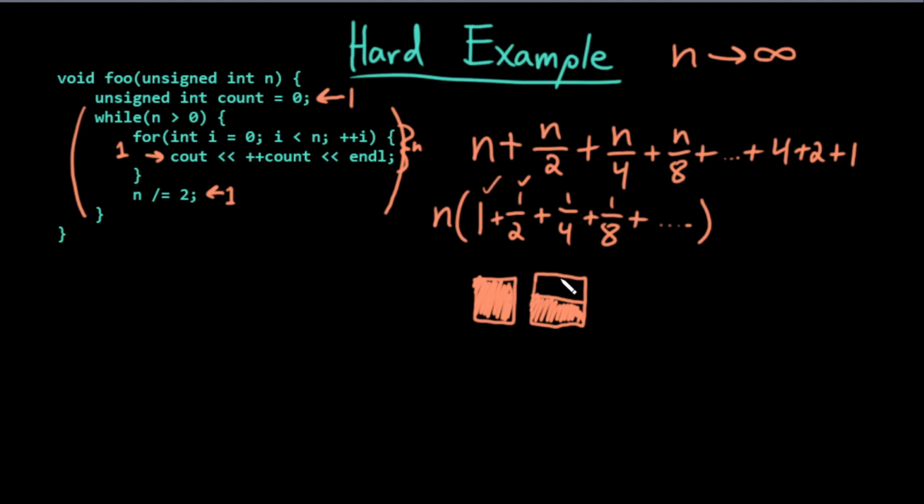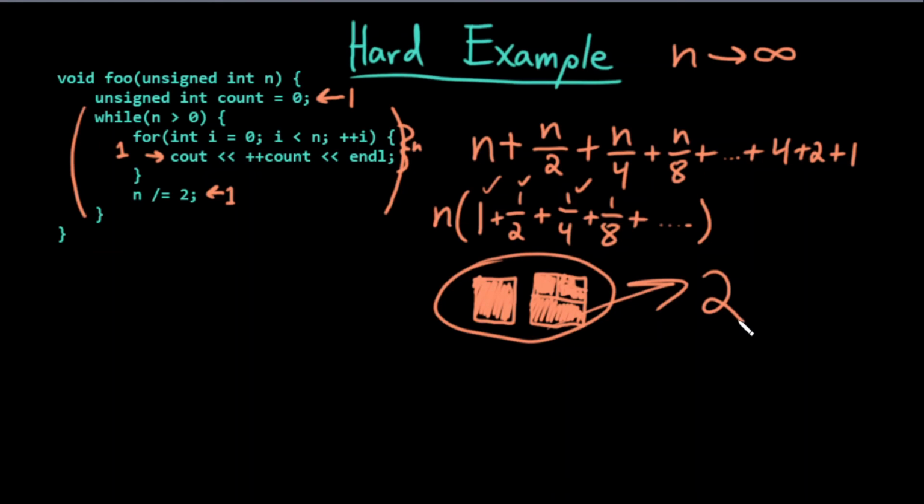Let's say now with the 1/4, I have a quarter of the box that I'm filling. Now I'm filling an eighth of the box. Next, a 16th, a 32nd, so on and so forth. This whole sum, how many boxes will be full as I keep going? It approaches 2.